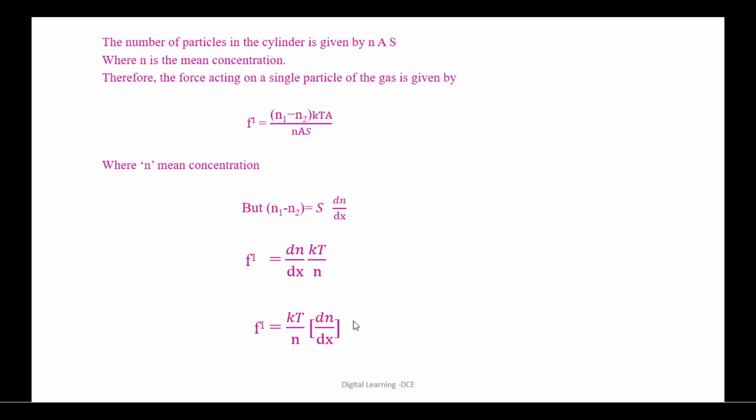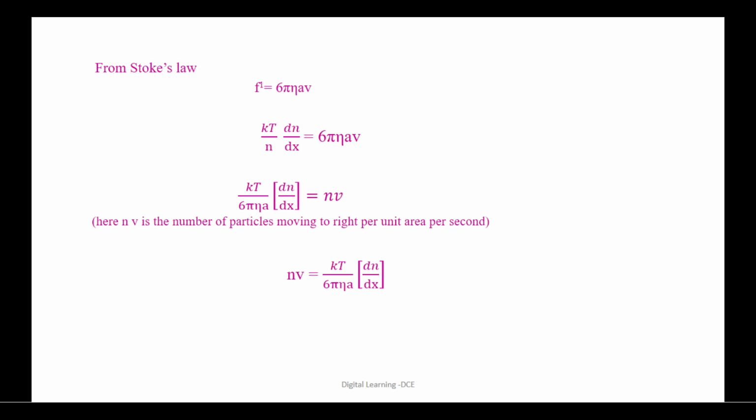Here this is nothing but the viscous force experienced by the gas molecule, and from Stokes law we have one more equation for viscous force, that is F dash is equal to 6 pi eta a b. Then on equating those two equations, we get kT by N into dN by dx is equal to 6 pi eta a b.